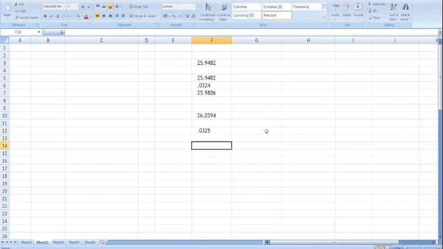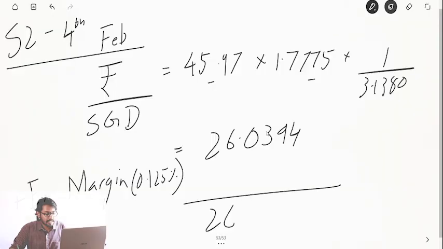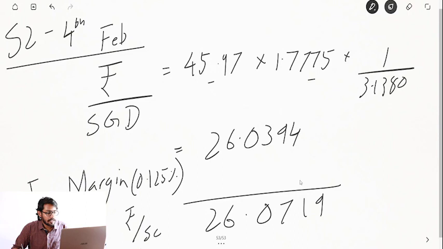You will get 0.0325. 26.0394 plus 0.0325 will give you 26.0719, sorry, not 0791 but 0719, rupee by Singapore dollar. Okay, so this is the rate on 4th February and this was the rate on 28th January.